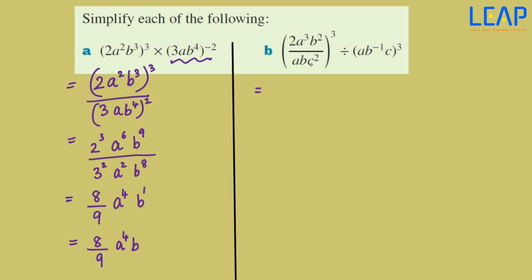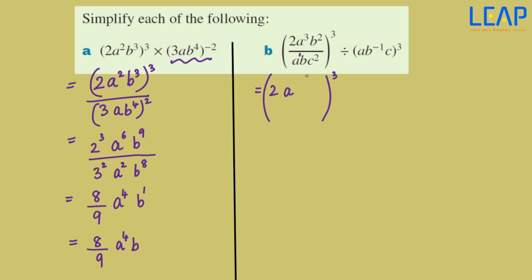Let me show you how that's done. In the numerator and denominator, you can see that there are two variables, a and b, that have the same bases, right? So I'll keep the 2 as it is. These are all within brackets, so I'm going to keep them as they are. Now for a, you can see a raised to 3 and you are dividing by a. If it is just a, it means the exponent is 1, right?